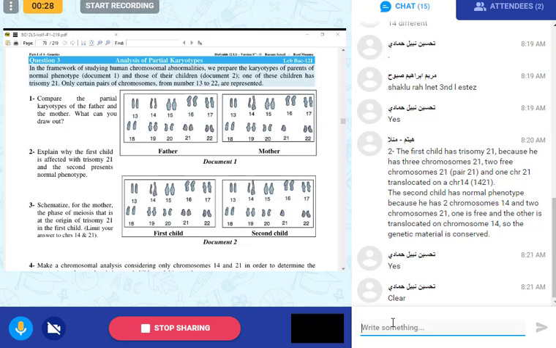In your opinion, Tahsin, in which phase of meiosis does the problem happen? We know the phases of meiosis, right? Prophase 1, metaphase 1, anaphase 1, telophase 1, prophase 2, metaphase 2, anaphase 2, telophase 2. So in which one do you think this happens?